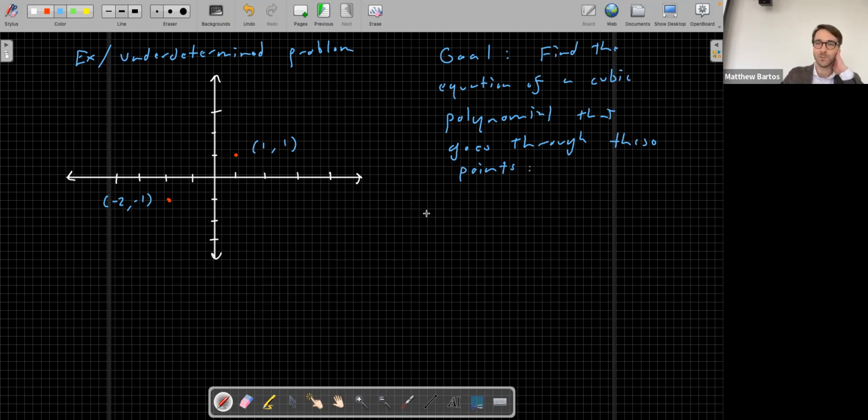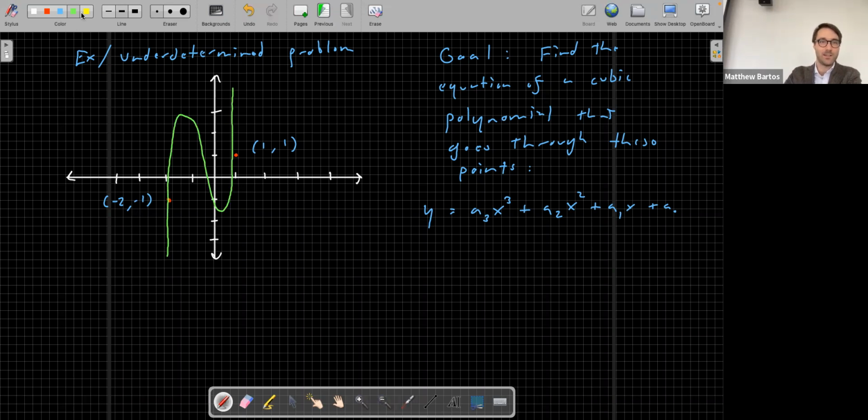Okay, so our cubic polynomial will be of the form y is equal to a3 x cubed plus a2 x squared plus a1 x plus a0. And we want to find a cubic polynomial that goes through these points. So first of all, as you can see, there's an infinite number of cubic polynomials that'll go through these points, right? You may have one that goes like this.